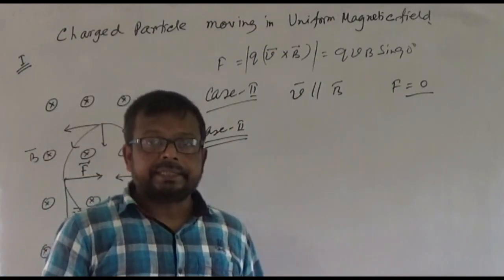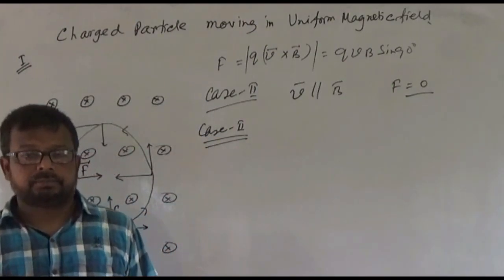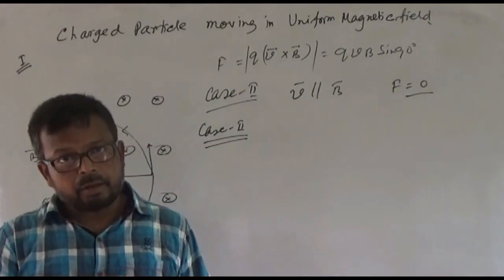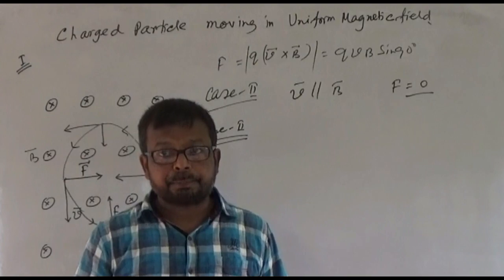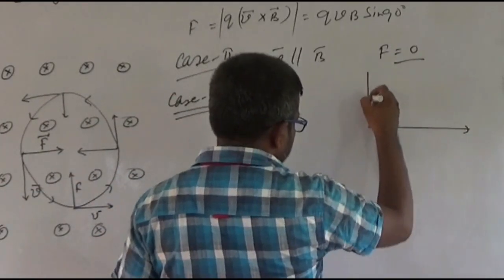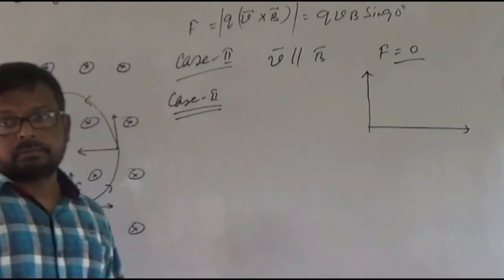Then that V, that is velocity, can be divided into two components. One is along the magnetic field and one is perpendicular to the magnetic field. This is x direction, this is y direction.